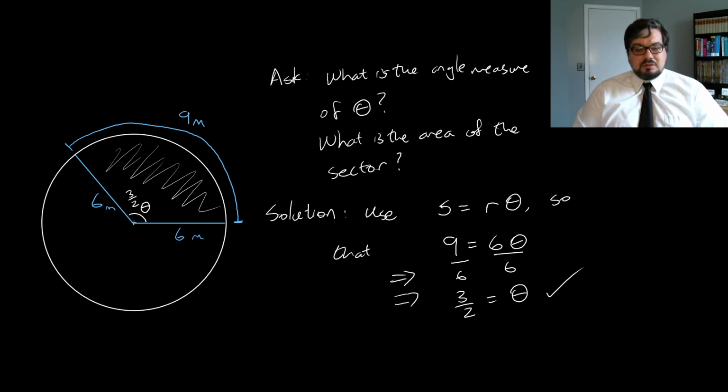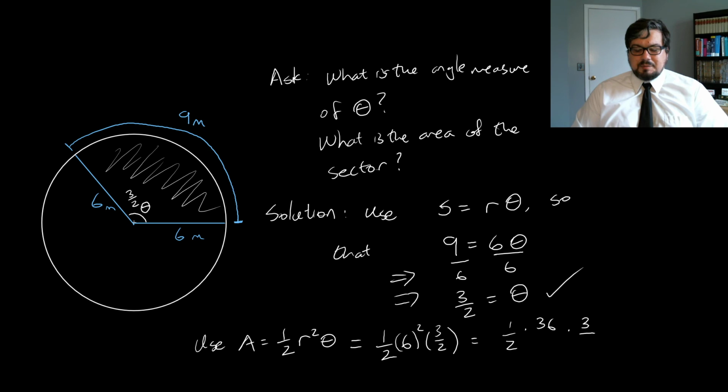For the second question, we can use the formula that the area of the sector is equal to 1/2 r squared times theta. So for us, that will be 1/2 times 6 squared, because the radius is 6, times theta, which is 3/2. So working all of this out, we get 1/2 times 36 times 3/2, and we can do some cancellation. Remember, when you're multiplying fractions together, you can cancel things in the numerator and the denominator before you multiply, which usually makes things easier for us.